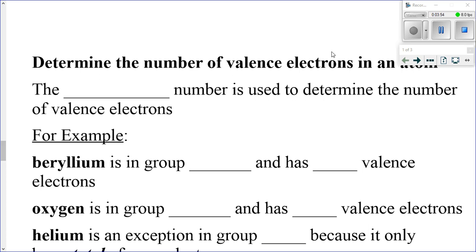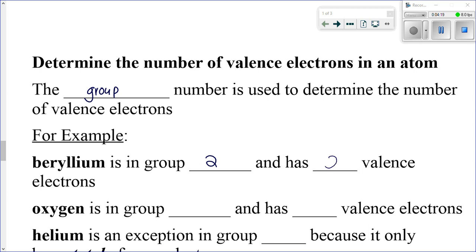Okay, when you are determining the number of valence electrons in the atom, we need to look at the group numbers. It is used to determine the amount of valence electrons in an atom. Beryllium is in group 2. Therefore, it has 2 valence electrons.